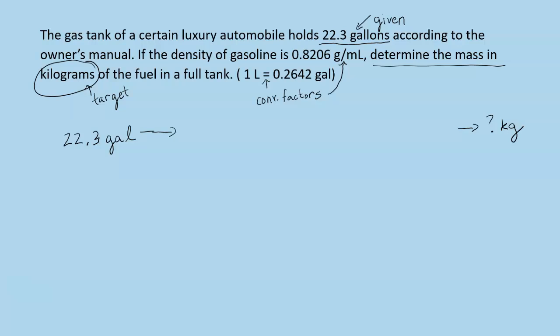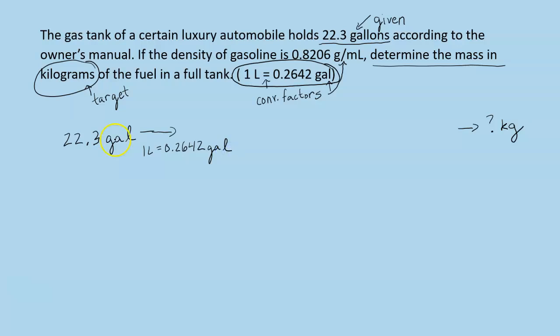Okay, now I have 2 conversion factors that I'm given, and I like to see if either one of those contain the given units. And I'll notice that the one in the parentheses, the equality, has the gallon, right? And so that's going to be the first conversion factor that I use, where I've got 1 liter equals 0.2642 gallons.